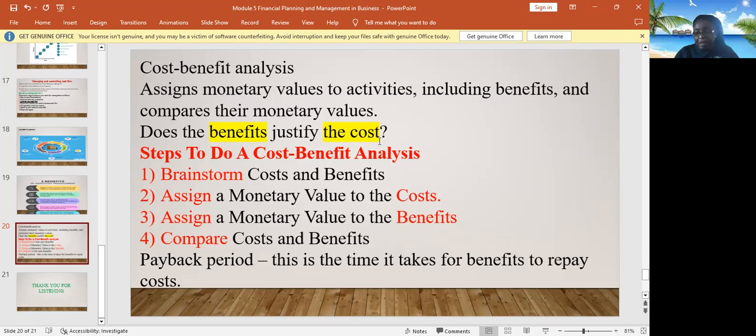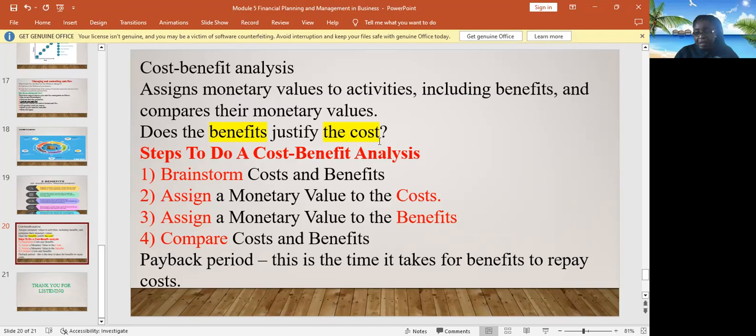List down the costs, and then list down the benefits and look at them. Will the cost justify the benefits? If it does not, don't give it a thought.